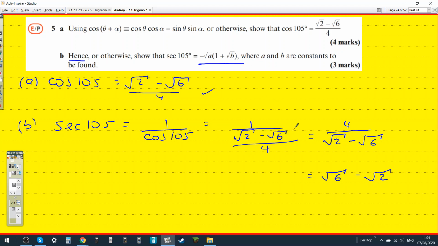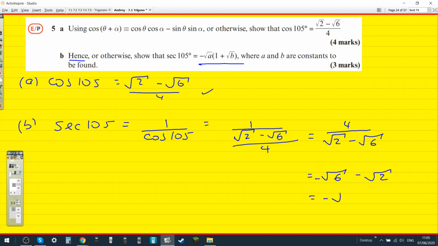And so, how can you write it in that form? Sorry, it was minus root 6 minus root 2. So I'll factorize minus root 2.